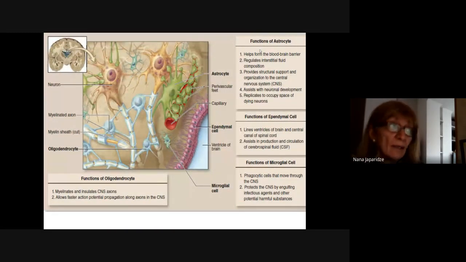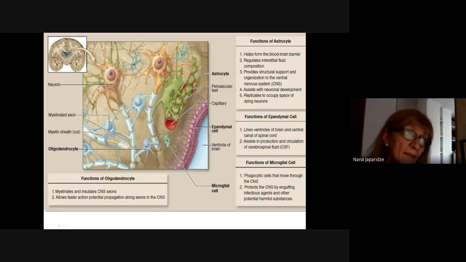Okay, another type of glial cells are oligodendrocytes. And look, oligodendrocytes are cells which myelinate the axons. And please look at this schematic image.